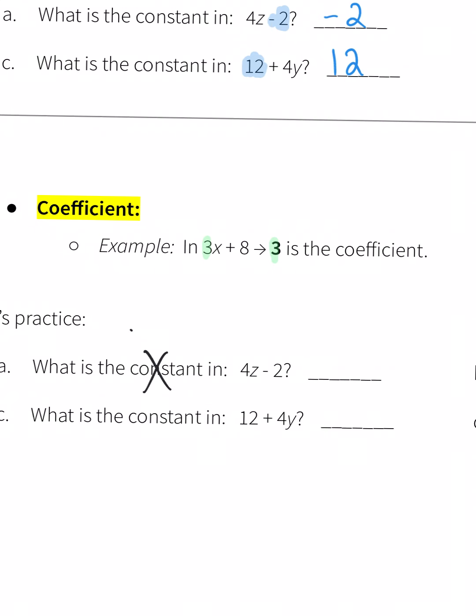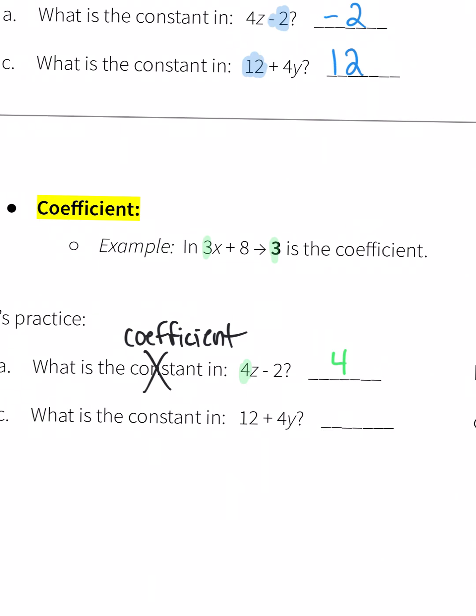It should say coefficient, because we are looking for the coefficients in these ones. So what is the coefficient in 4z minus 2? Well, the coefficient is the number that's touching the variable. So the number touching the variable here would be 4. So my coefficient would be 4.